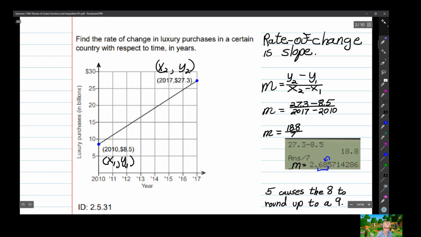I call this point x1, y1 because it's on the left, and this point x2, y2 because it's on the right. The world would not come to an end if you called this point x2, y2 and this point x1, y1, as long as you were consistent.